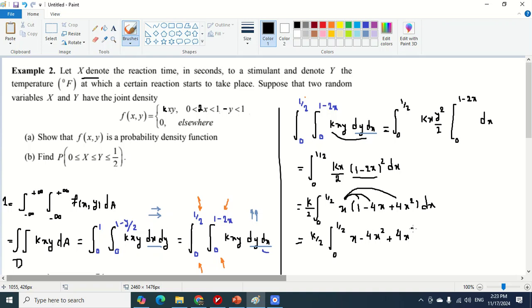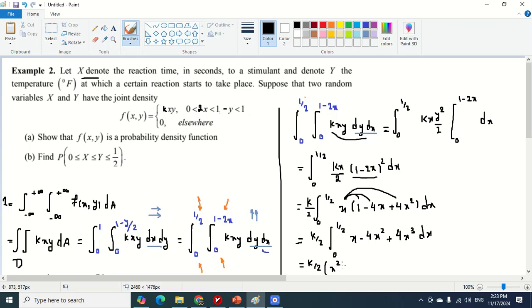Right now we have a simple polynomial. To calculate the integral of this polynomial, we follow the formula, which is as follows: we have k over 2, and then we have x squared over 2 for the first integral.